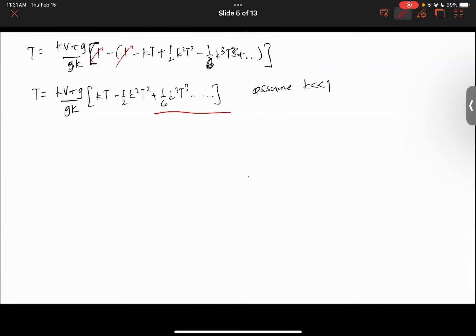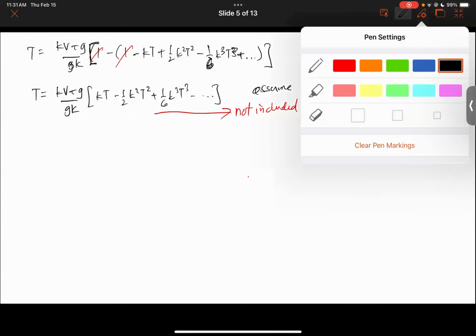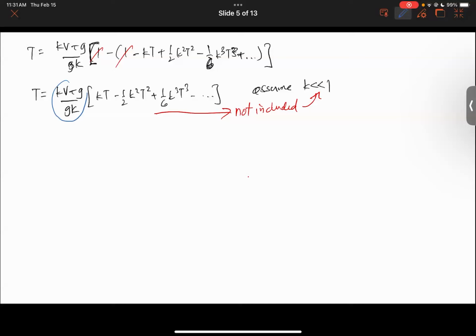Okay, so itong mga to, okay, not included or it can be ignored, okay, because we assume na k is less than 1. It's still tricky to get an expression for t because of this expression here.